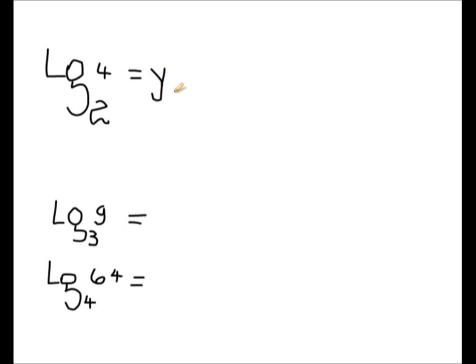So the question is: to what power do I need to raise the base, which is 2, in order to get 4? We know 2 times 2 equals 4, so the power here is simple. The power here equals exactly 2. That's it.